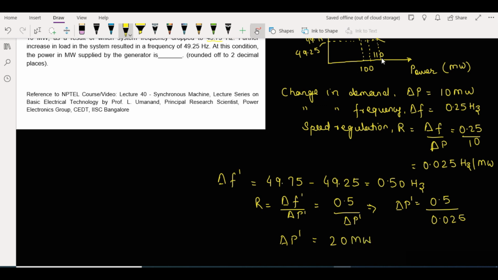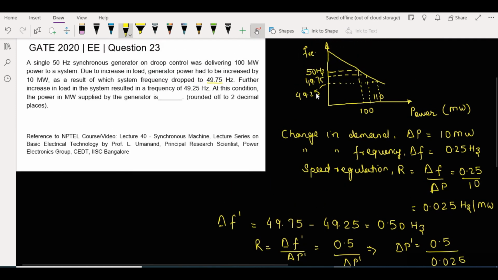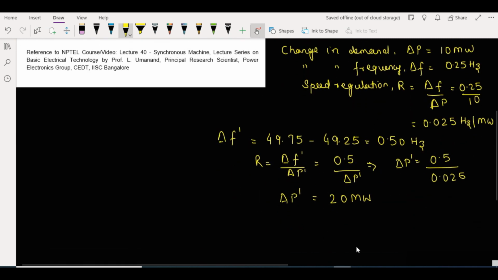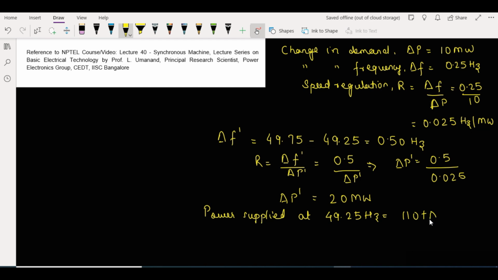So the power supplied by the generator at 49.25 will be how much? That will increase further from 110. This is our 110. This is 100. So 110 plus 20 megawatt. Okay. So power supplied at frequency of 49.25 hertz is equal to 110 plus del P dash.